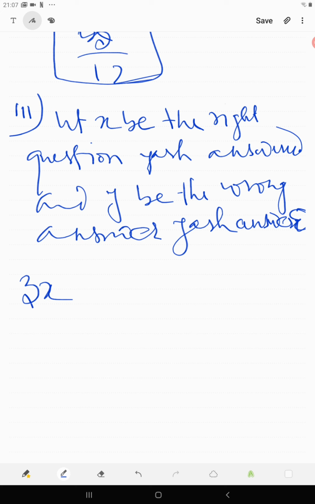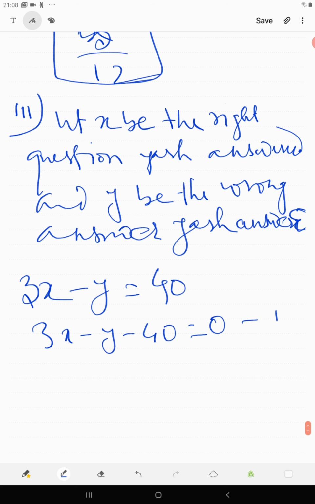So for y wrong answers the marks deducted is 1 into y, that is y, and that should be subtracted since it is a deduction. So 3x minus y equals 40. This is our equation 1, or you can write 3x minus y minus 40 equals 0.